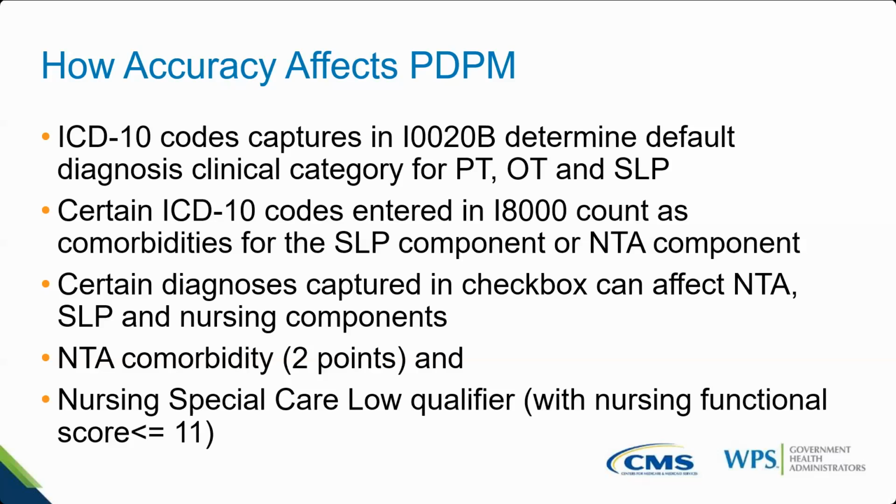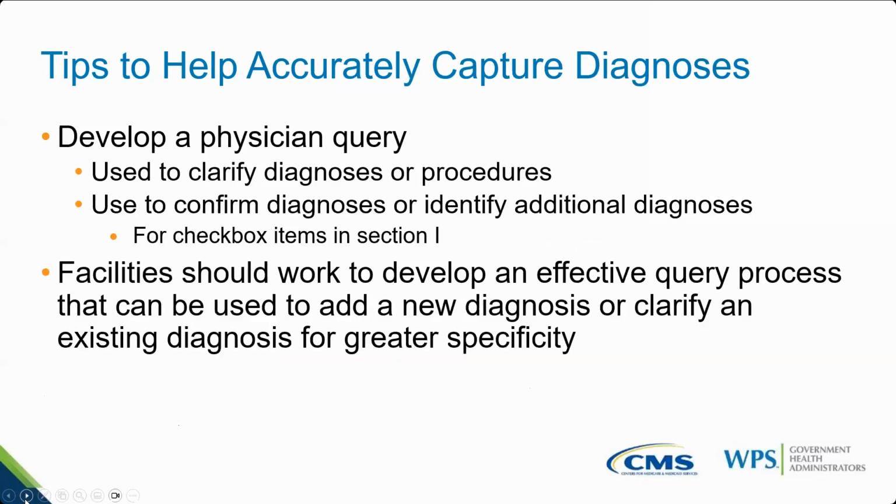So there's a little more information. The non-therapy ancillary could be scored with the 2-point, and the nursing special care low qualifier with the nursing function of less than 11. So those can all be affected.